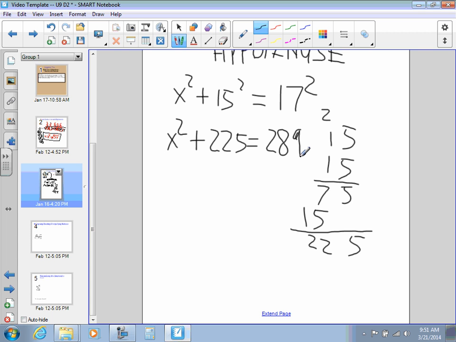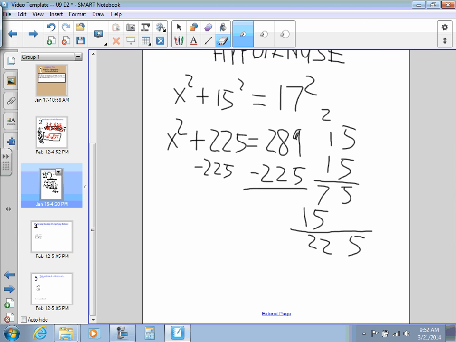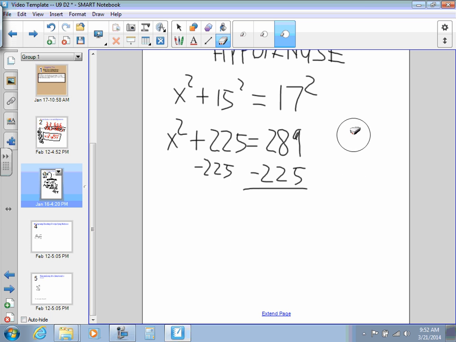Okay, so of course now we need to subtract 225 from both sides. And when I do this, let me go ahead and erase this multiplication problem that I did earlier so that it doesn't get in our way and confuse us as we're doing this subtraction.